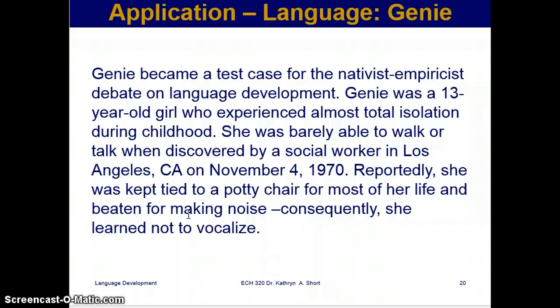She was barely able to walk or talk when discovered by a social worker in Los Angeles, California on November 4th, 1970. Reportedly, she was kept tied to a potty chair for most of her life and beaten for making noise. Consequently, she learned not to vocalize.